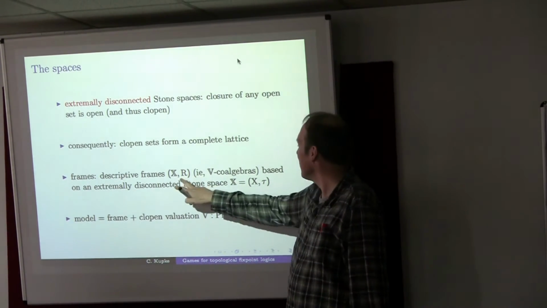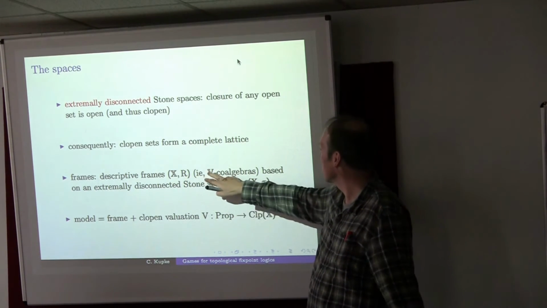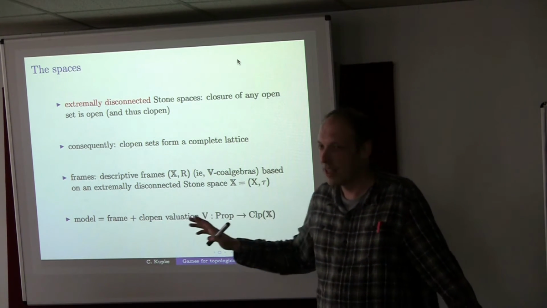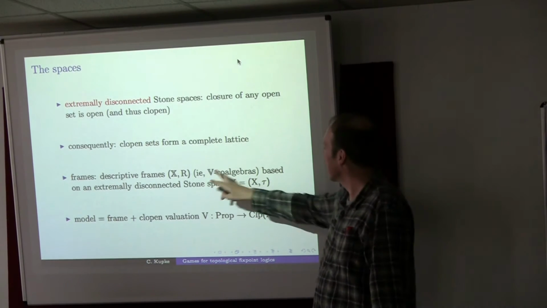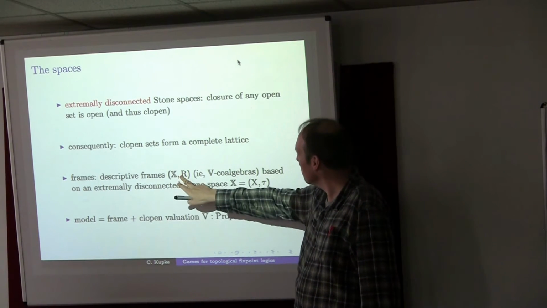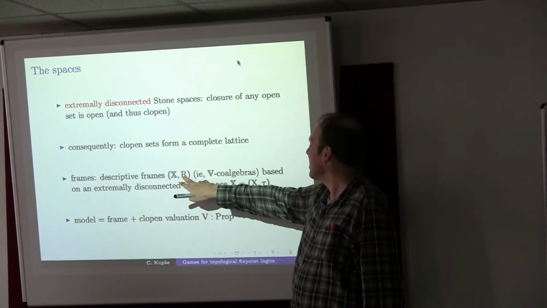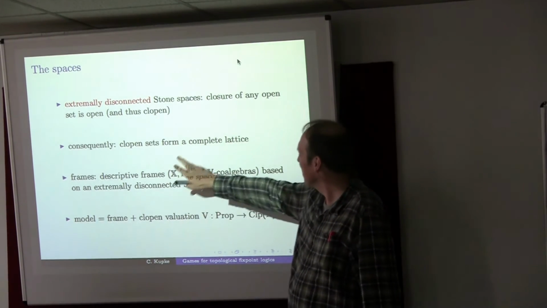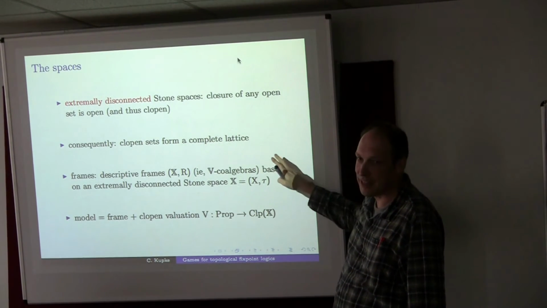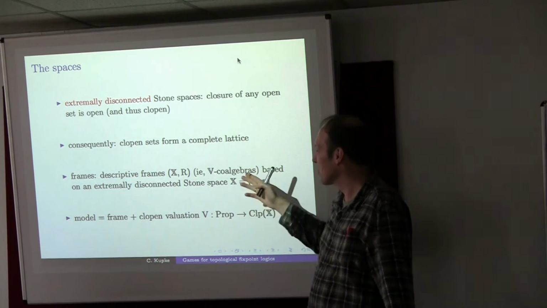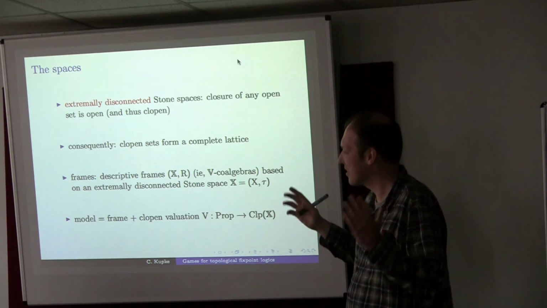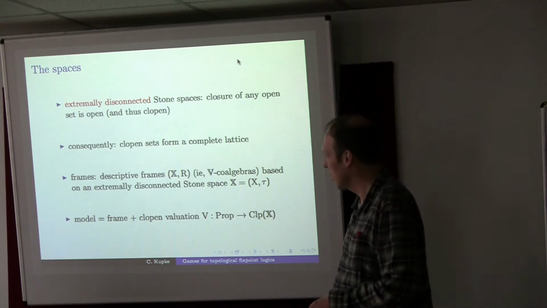Namely, what we need is that this corresponds to a Vietoris coalgebra. But what it just means is that this is a continuous map from X to the Vietoris space over X. I'm not going to discuss this in detail. We can discuss this in more detail afterwards if you want.